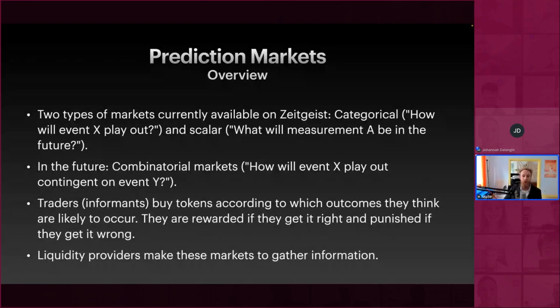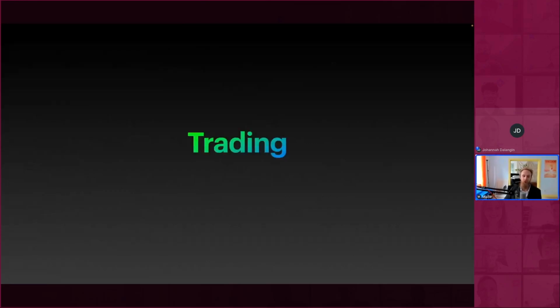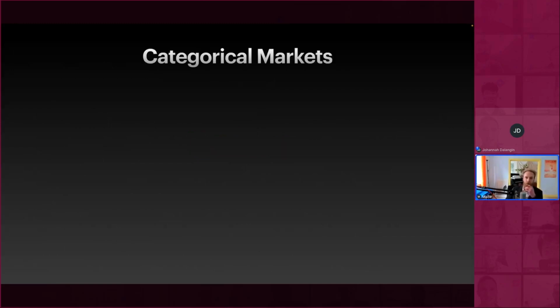Now, let's take a look at these two sides of the bet, how they behave, and go into a little more detail. The first side is trading, the side of the informants. I'm going to go a little into the math now, on how categorical markets work.